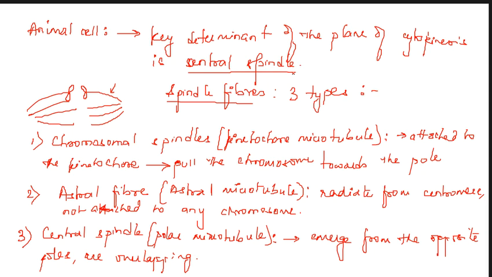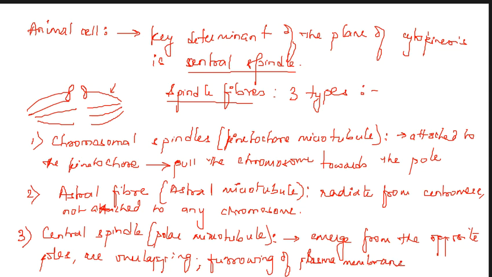These central spindles recruit several proteins to the central portion of the cell, as a result of which the central spindle will help in furrowing of the plasma membrane. So furrowing of the plasma membrane will take place by the recruitment of several proteins onto the central spindle.